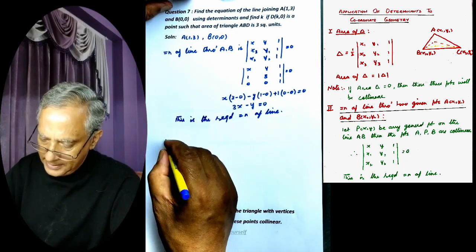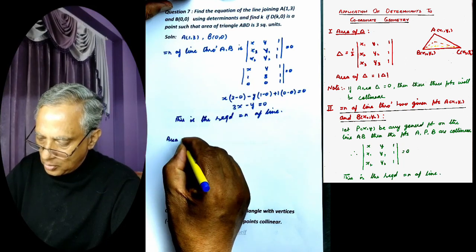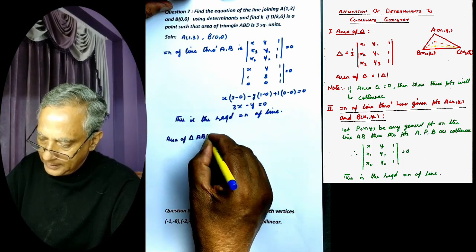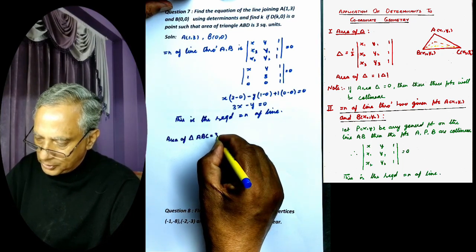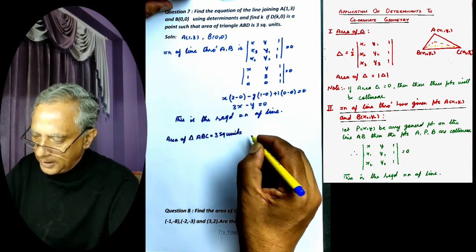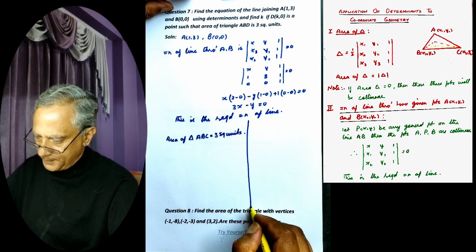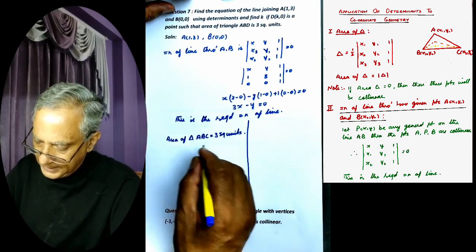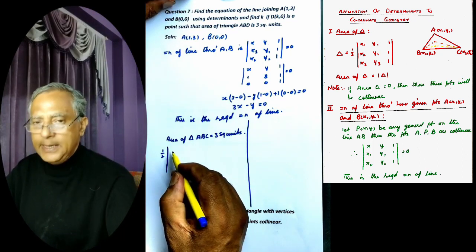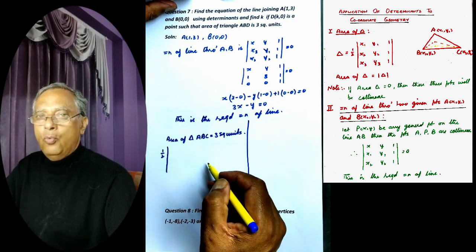The area of triangle ABD is equal to 3 square units, and we have to find k. So, the area of this triangle is 3. Therefore, half of the determinant x1, y1, 1; x2, y2, 1; x3, y3, 1.